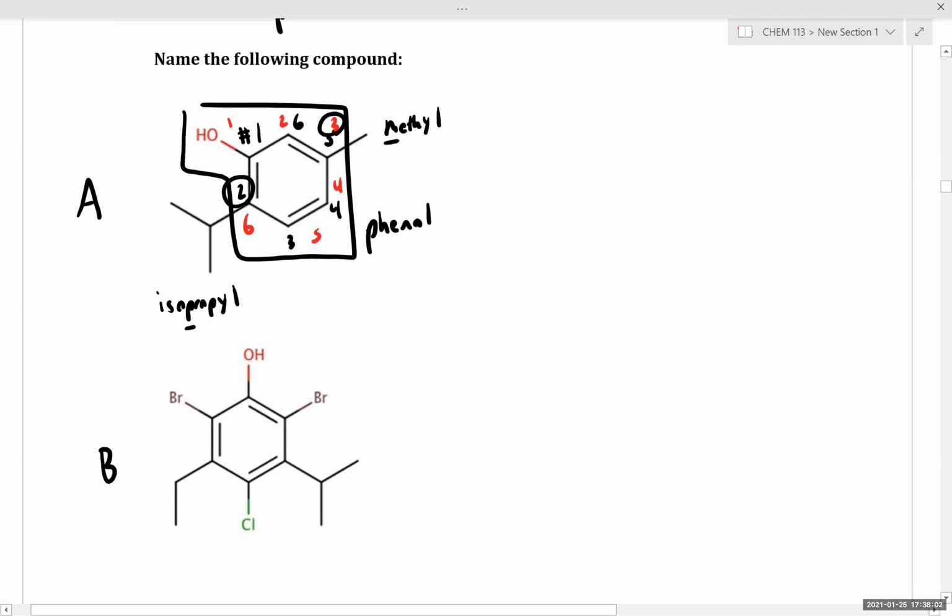Okay, so we have an isopropyl group. We have a methyl group at the 5 position. So alphabetically, the iso prefix isn't counted. So as a result, which of these substituents is first in our name? The methyl or isopropyl? Which one's first?